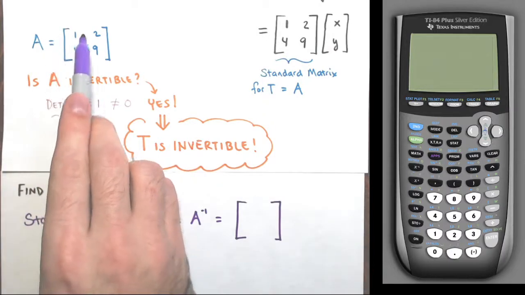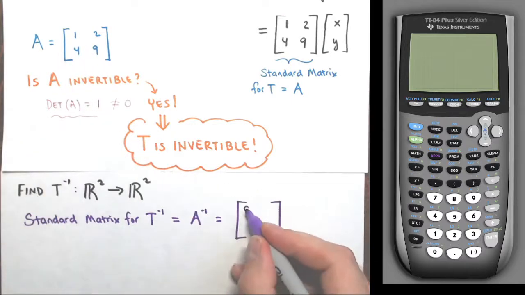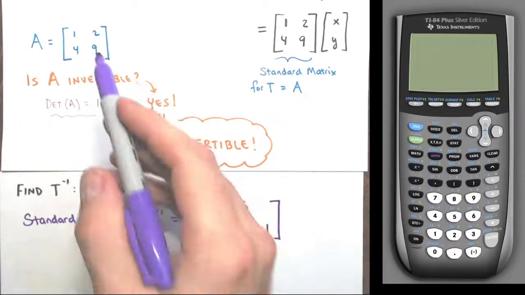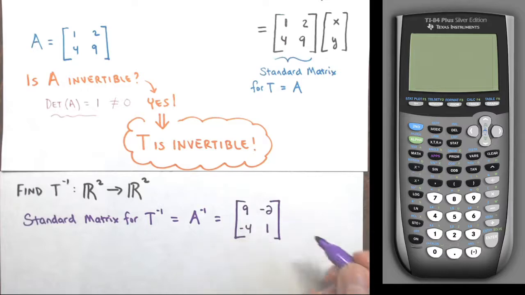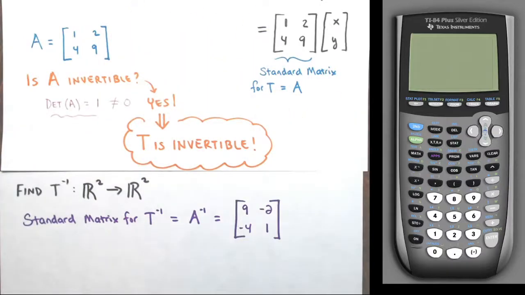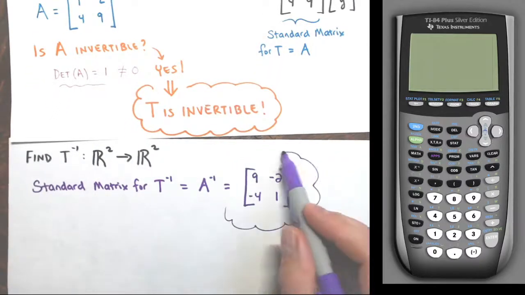Basically these two switch, this was 9, 1 here, and then you just have the opposites of the other two, -2 there, -4 there. You can double check: multiply this by this, and you should get the 2 by 2 identity matrix back, and you will. So there's the standard matrix for T inverse.